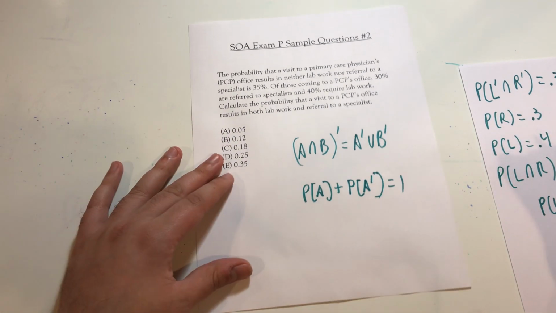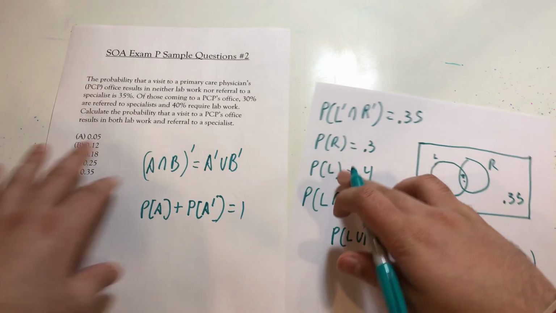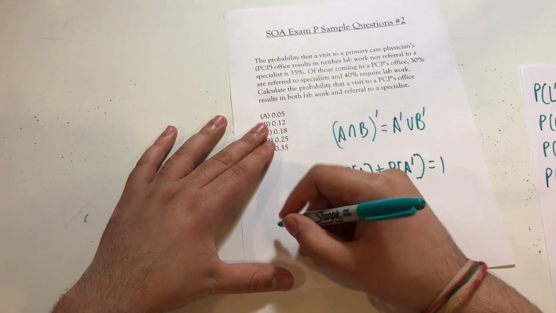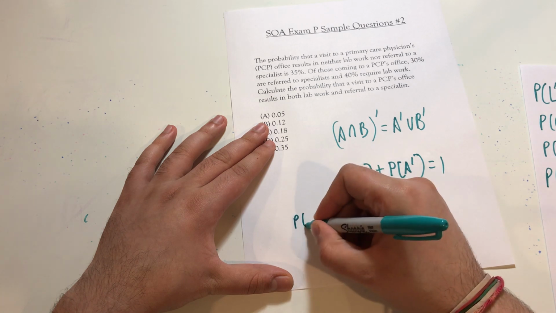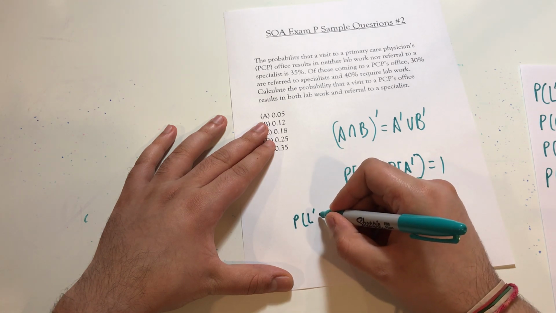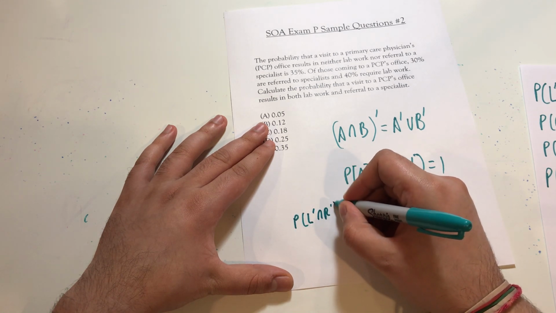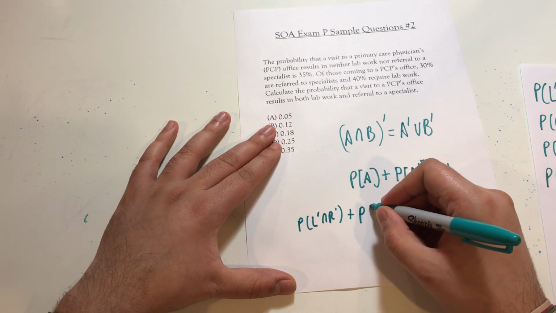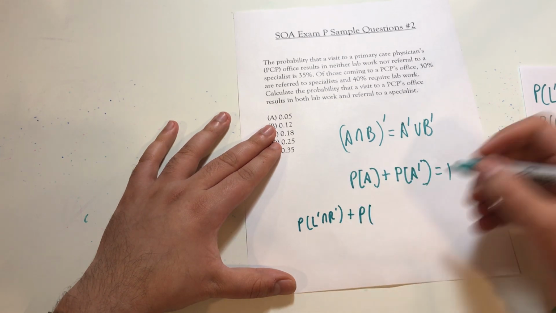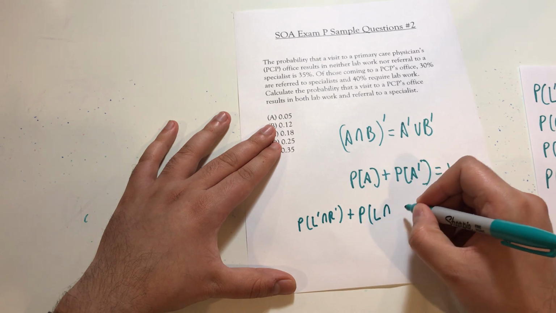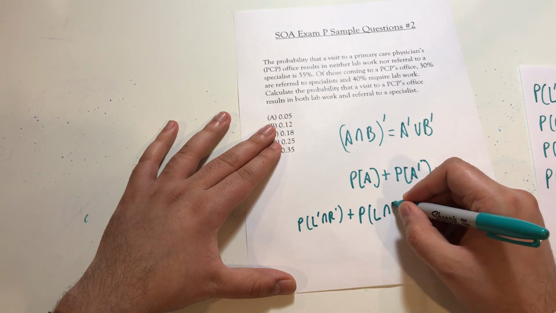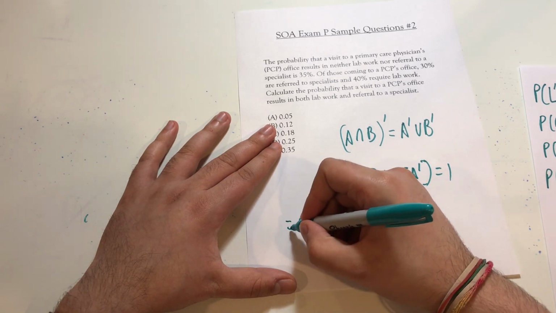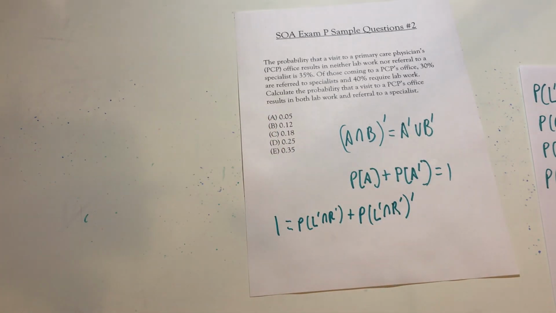So therefore, in this case, I'll write it to the side here, the probability of L complement intersection R complement plus the probability of the complement of that, so L intersection R, with a complement on the outside, that should all be equal to 1.